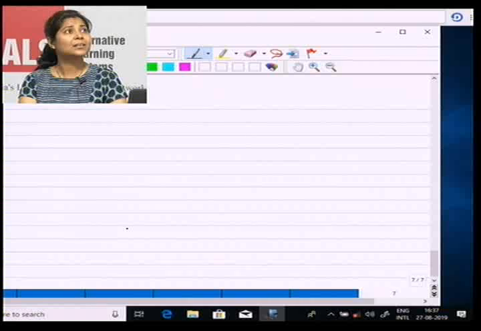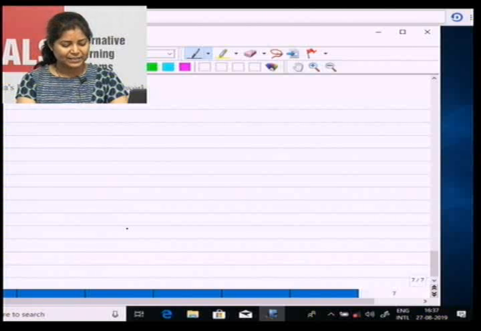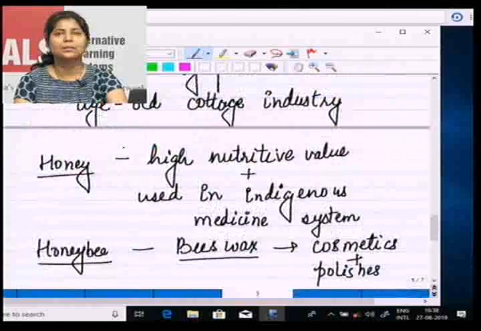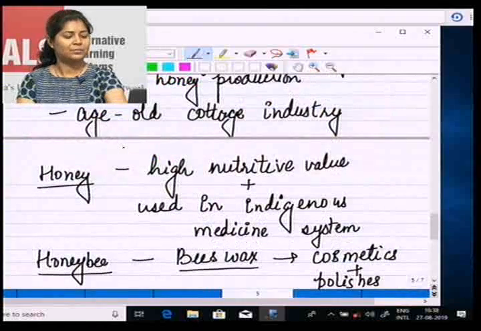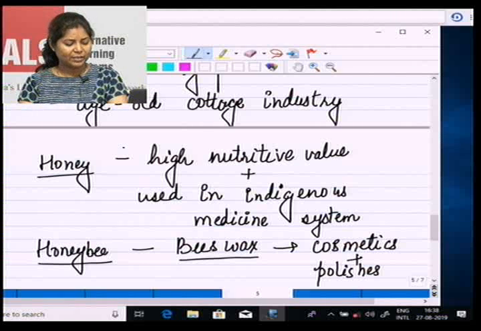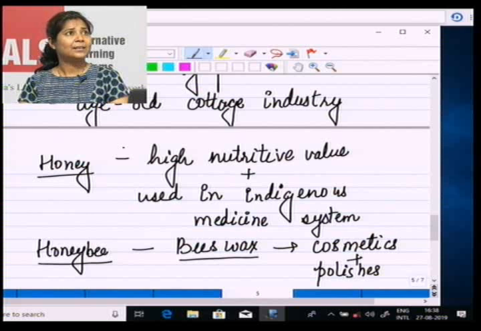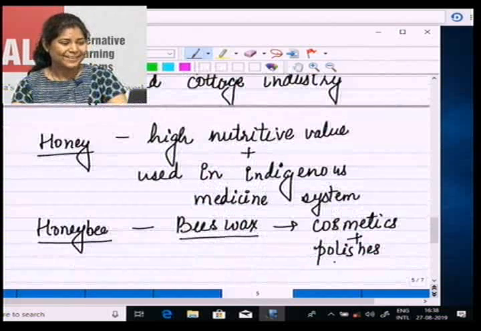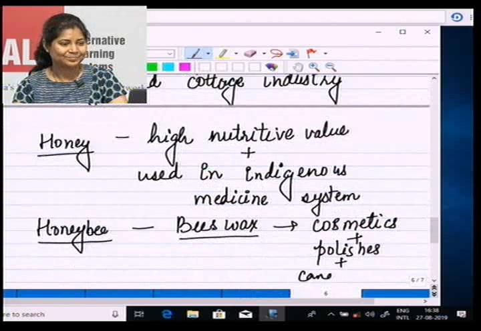Okay, fine. So shall I move ahead with the next process? Tell me please. Can I move ahead with beekeeping? Did you copy up to this? Yes, children. Let me know. Yes, this is also used in making candles. Good. So shall I add it? Okay, I will be adding it.